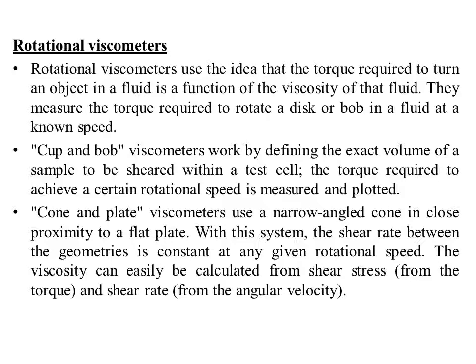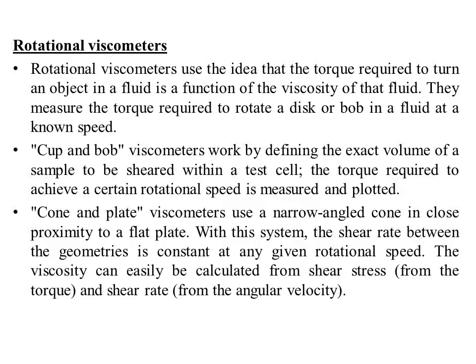So cone and plate and cup and bob are the two types of rotational viscometers. Here cone and plate viscometers use a narrow angled cone in close proximity to a flat plate. With this system, the shear rate between the geometries is constant at any given rotational speed.